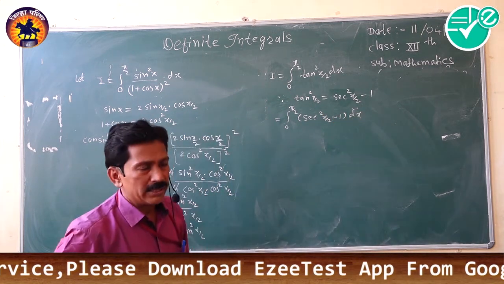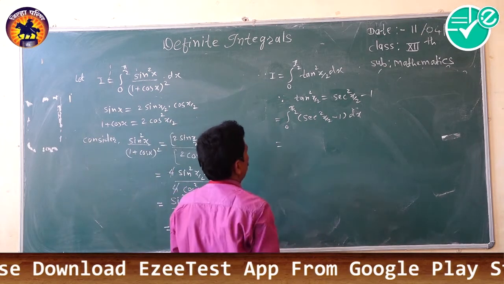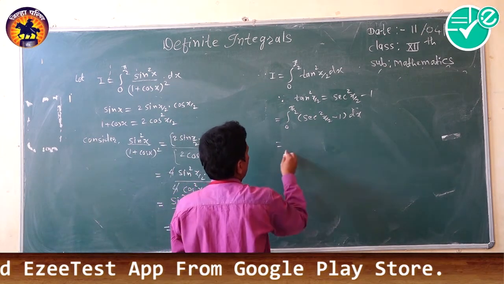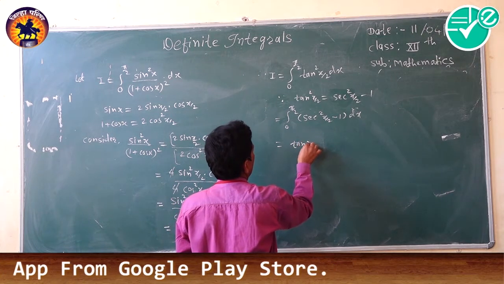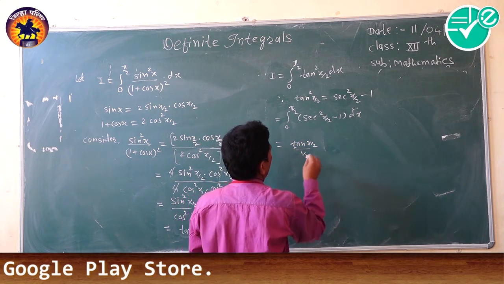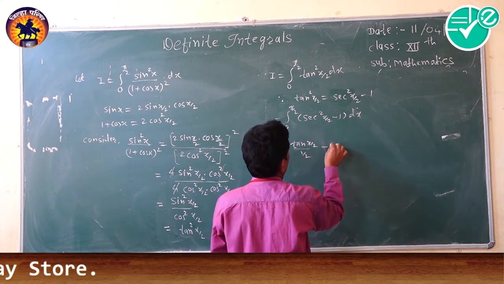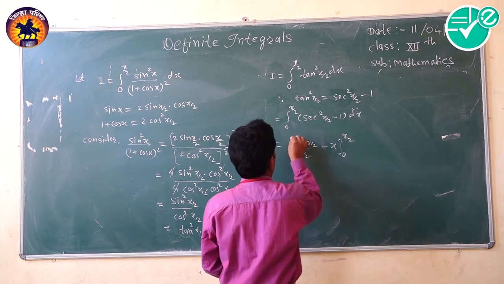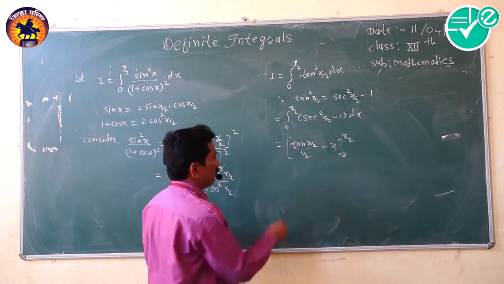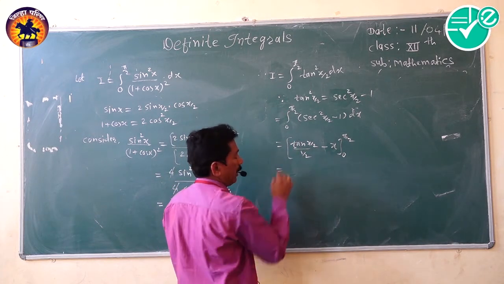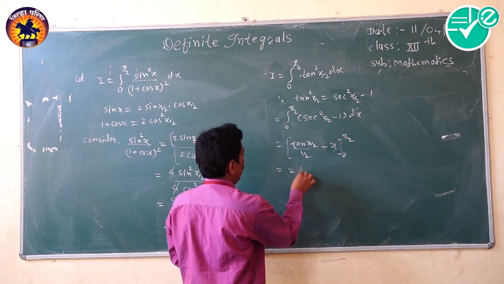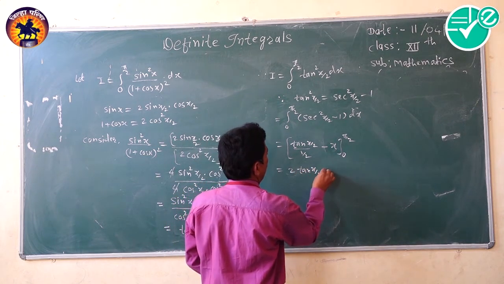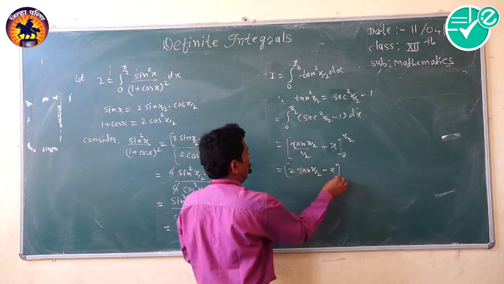Now we can integrate this: it is equal to integration of sec square x by 2, which is tan x by 2 upon 1 by 2, minus integration of 1, which is x, lower limit is 0, upper limit is pi by 2. Now this is equal to 2 tan x by 2 minus x.